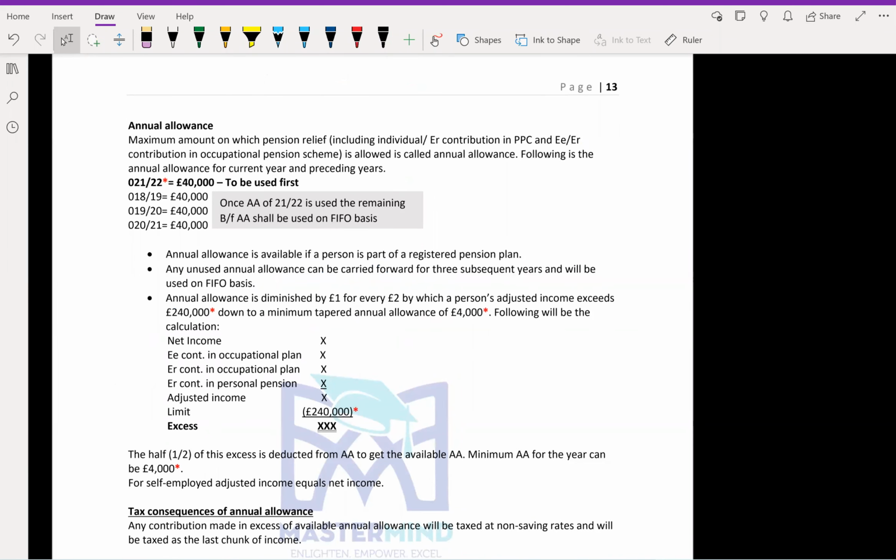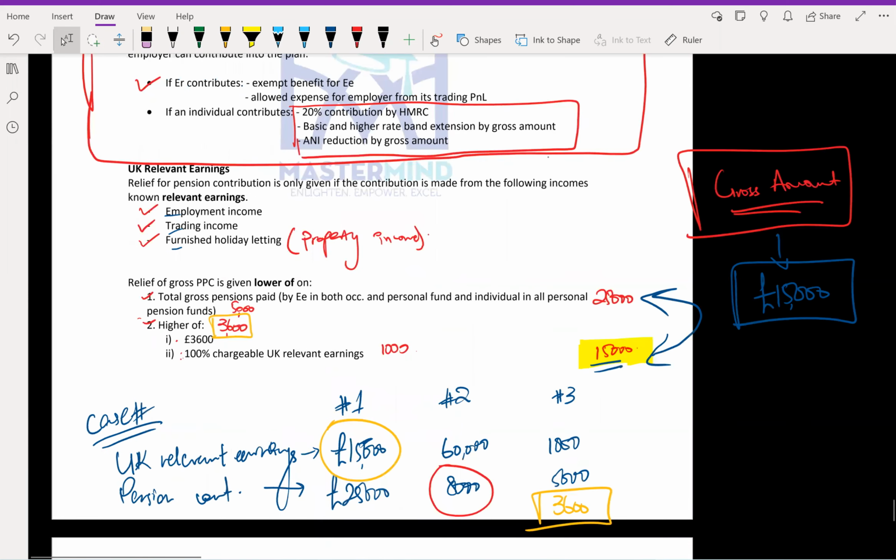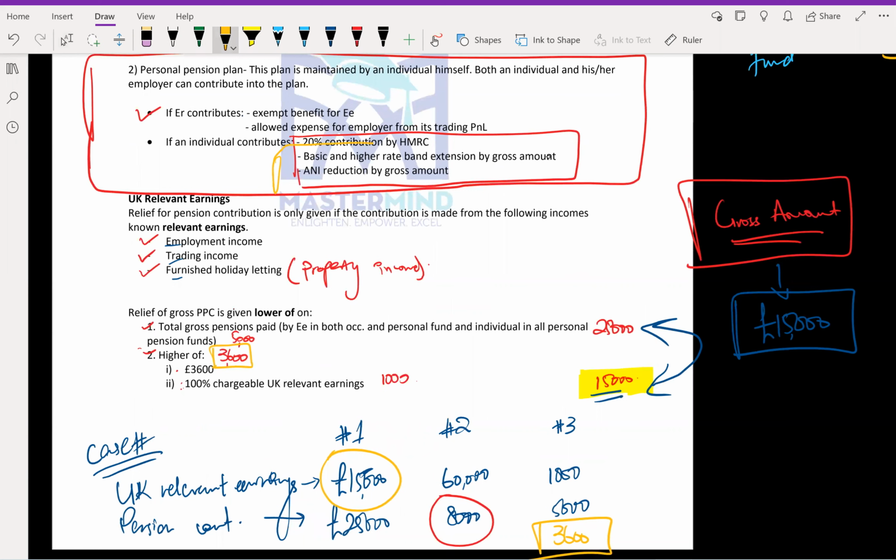The first one decided how much band extension and how much ANI reduction you'll get. Obviously, it decided the gross amount. So the gross amount basically extends your band and reduces your ANI, right? The first restriction revolved around the gross amount, which would extend your band or reduce your ANI.